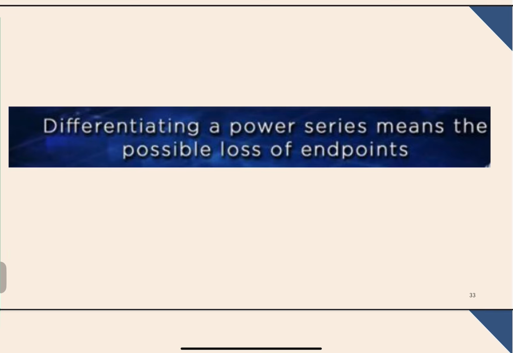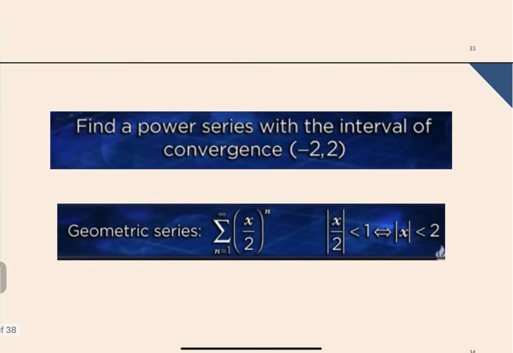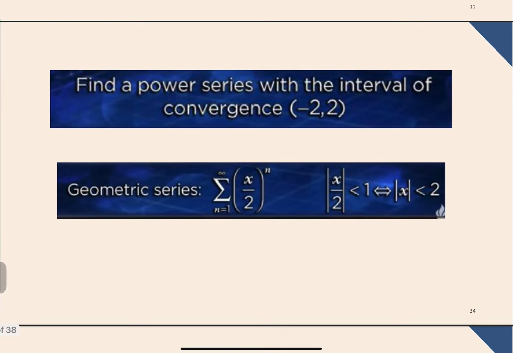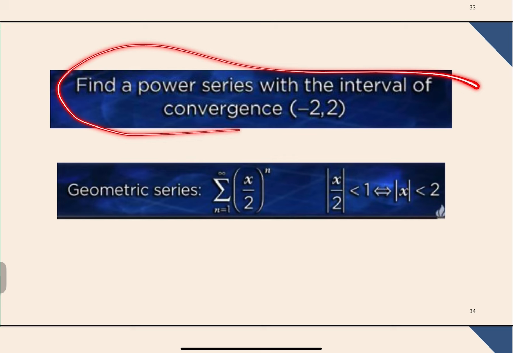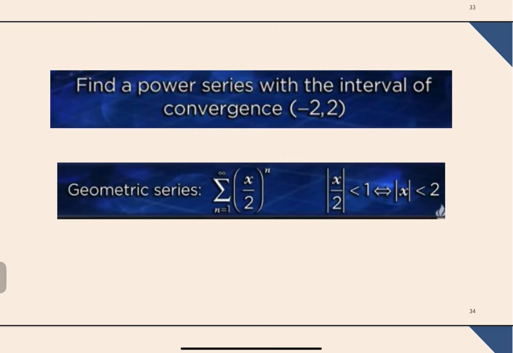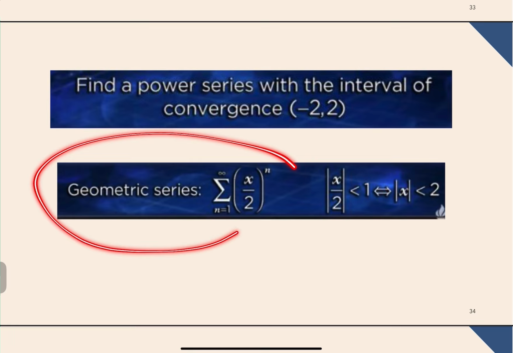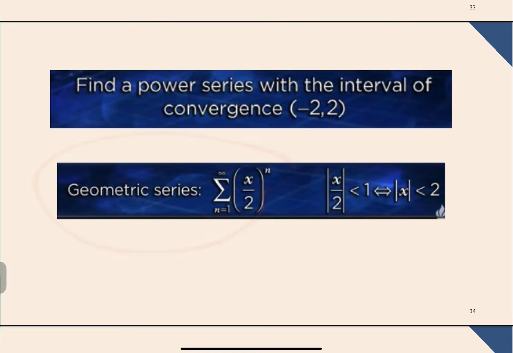Well, there are actually many answers, but here's a simple one. Use a geometric series, but make it x over 2 to the n power. When does this converge? Well, it's a geometric series.